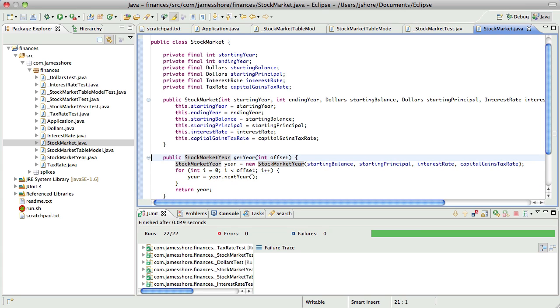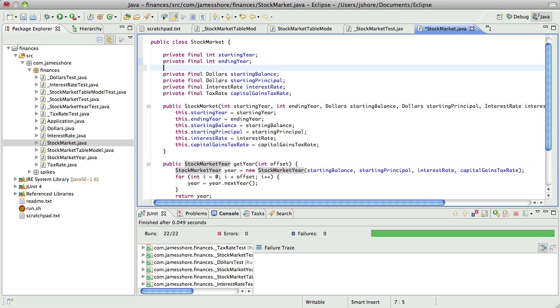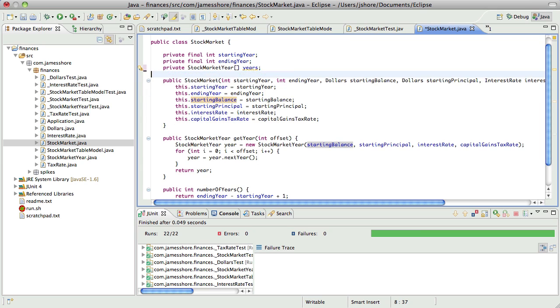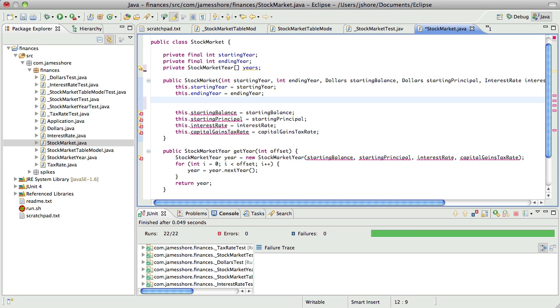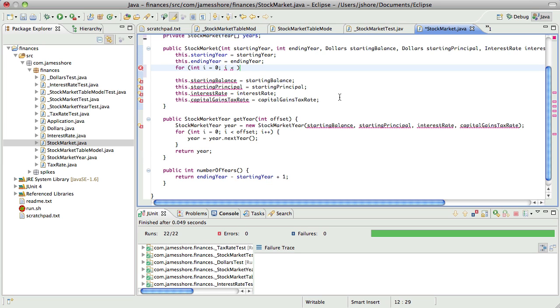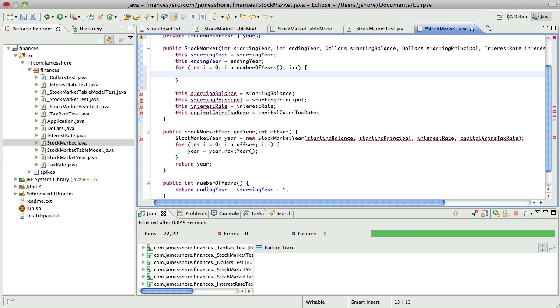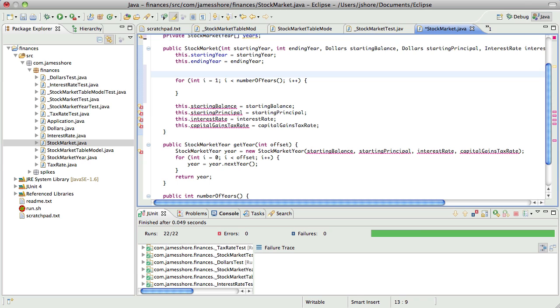Well, no, I think I'm just going to rewrite it. It will be easier that way. This is really the same code we wrote before.